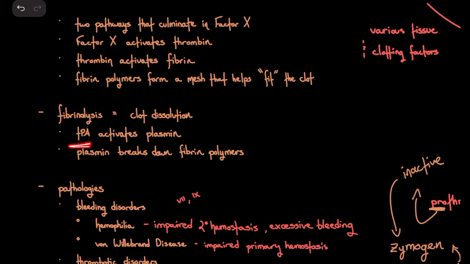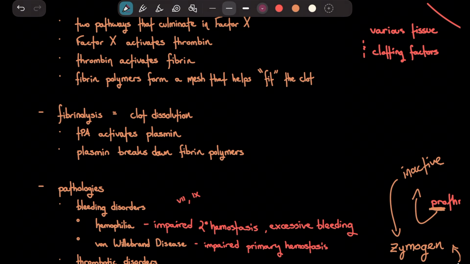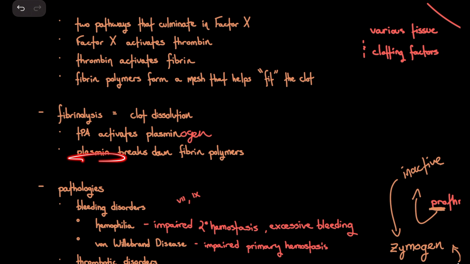A compound called TPA activates your plasmin that was once plasminogen. So another example, something needs to be activated. All right? And then plasmin is excellent at breaking down fibrin polymers. So you constantly have this ebb and flow.